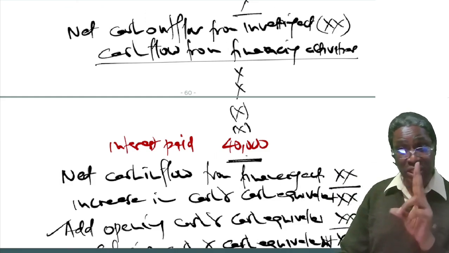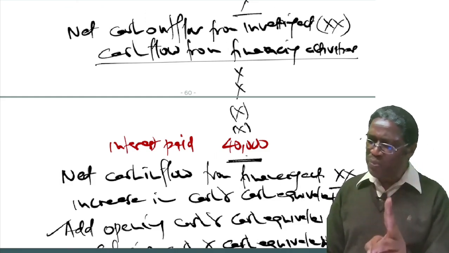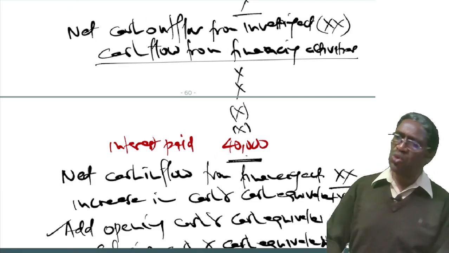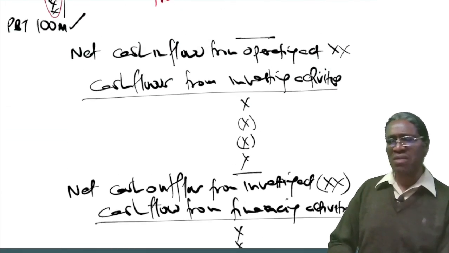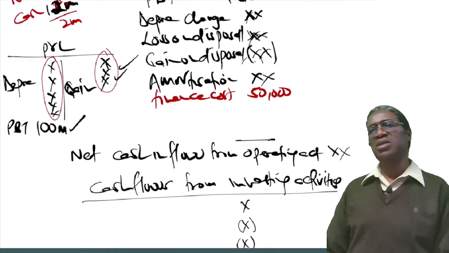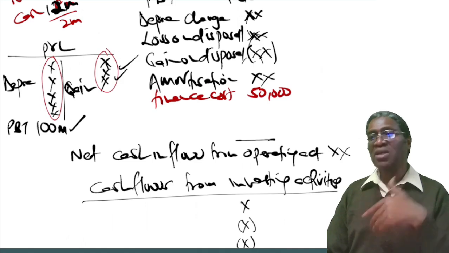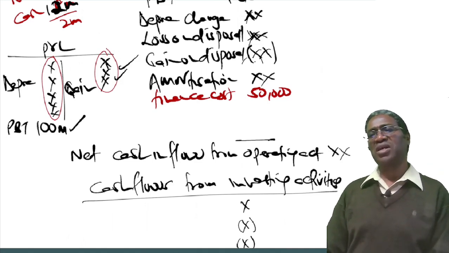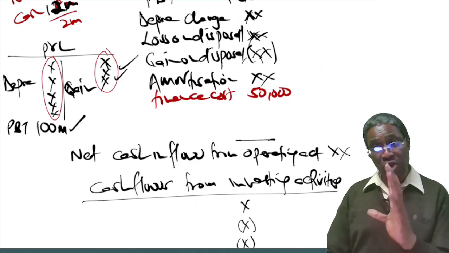I hope that point is clear, that it's only what you paid that goes to the cash flow under financing. But what you charged in the income statement, being the charge for the year, will be a non-cash item. That is the 50. We are using 50 as our example. That is the charge for the year. I hope you have got it.